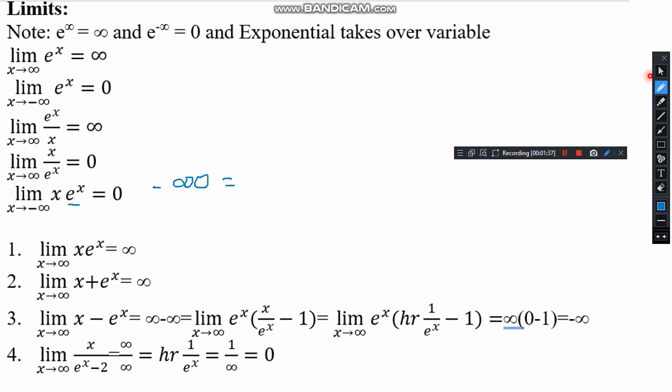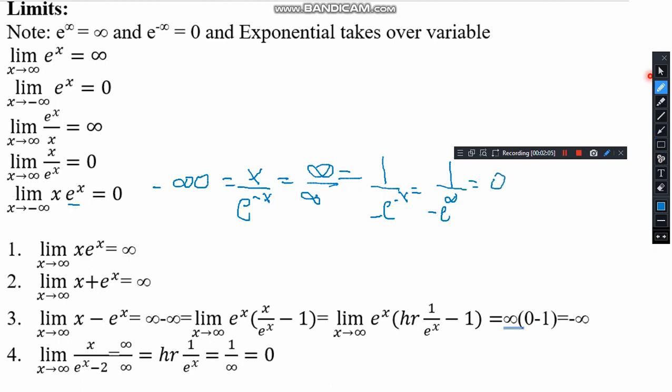If you want to use L'Hospital's rule, you put x up and e^x down, which is e^(-x). Now it is infinity over infinity. If you do L'Hospital's rule, it will be 1 over minus e^(-x), and as x tends to minus infinity, it will be minus 1 over e power infinity, which is 0.